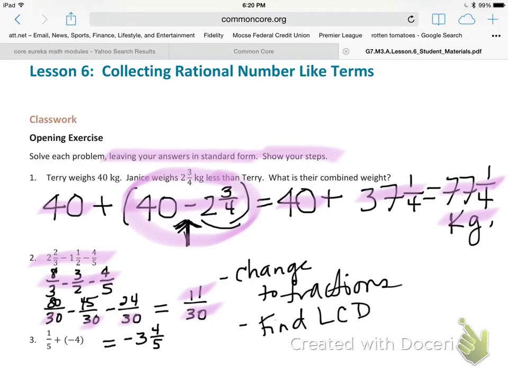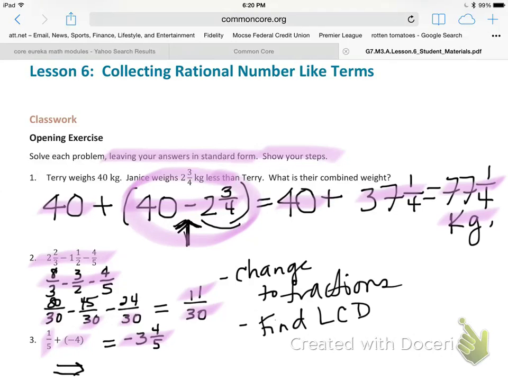Number 3, pretty easy. You just have a whole negative 4, and just take away a negative 1/5, or add a 1/5 to it. Because then you are moving again to the right of the number line, more towards the positive side. So your answer, of course, is less negative than the -4 that you started with.